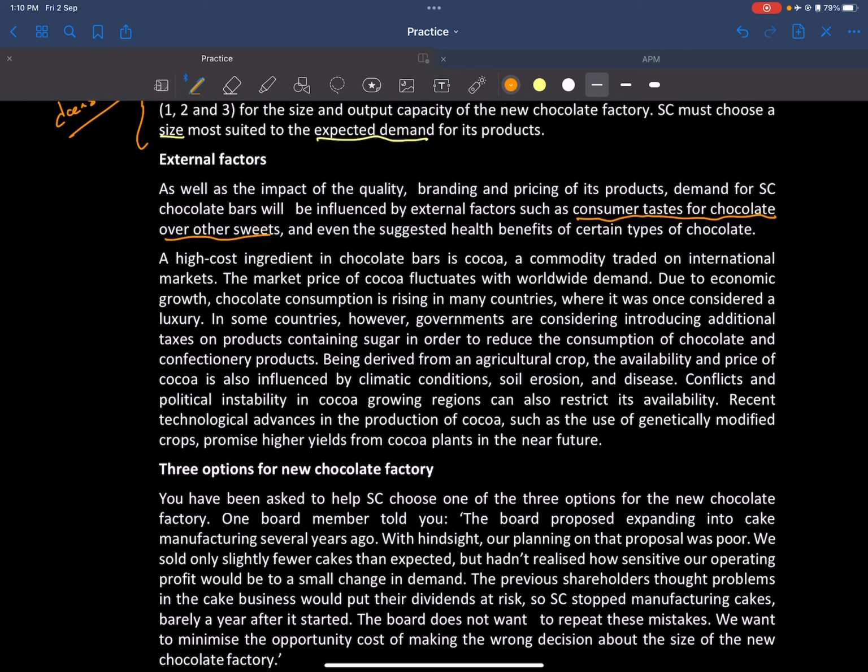There could be some suggested health benefits for different types of chocolate. And a high cost ingredient in the chocolate bar is cocoa, which is traded on the international market, and the market price of cocoa fluctuates with world demand.